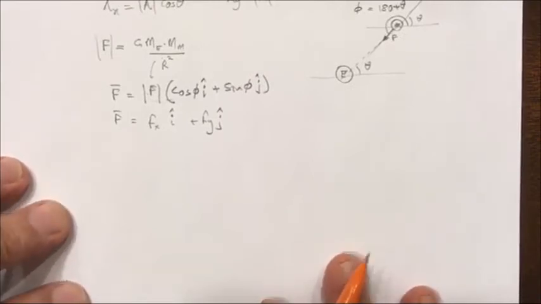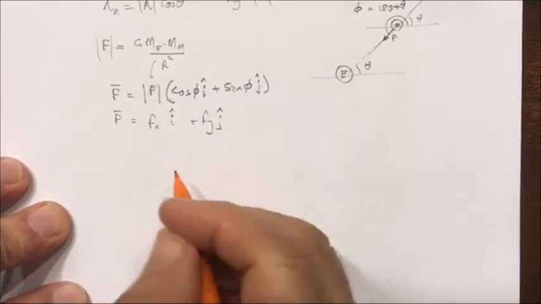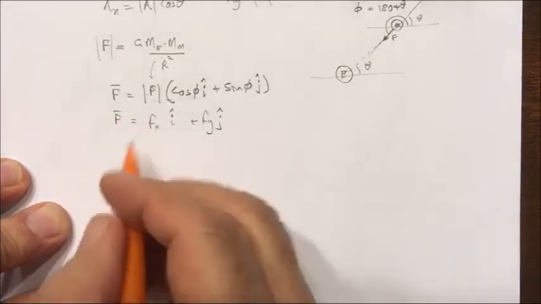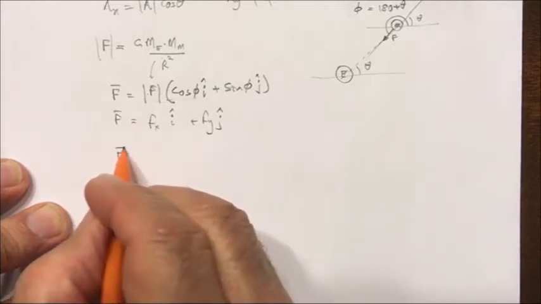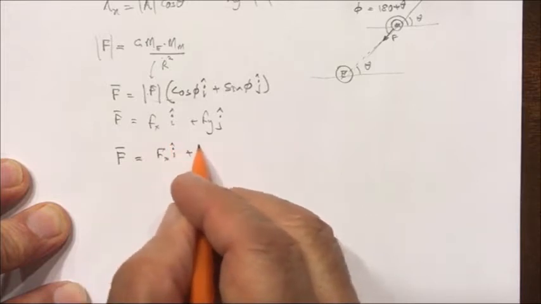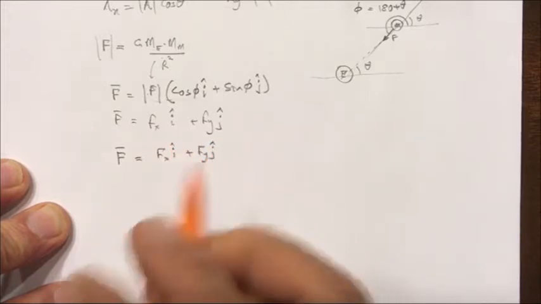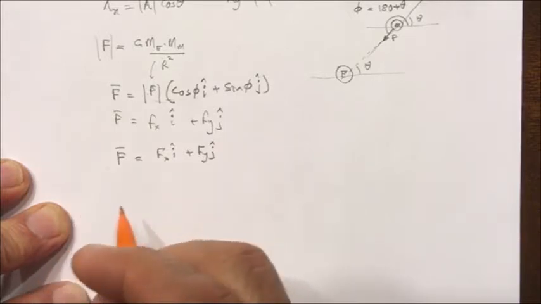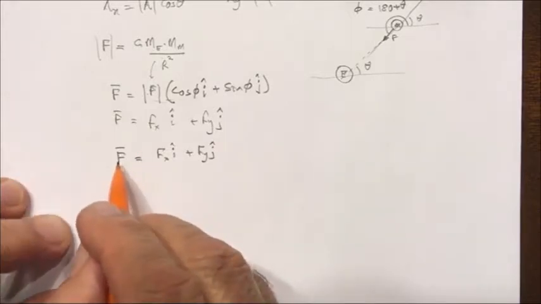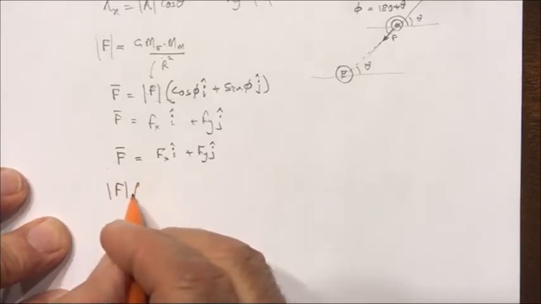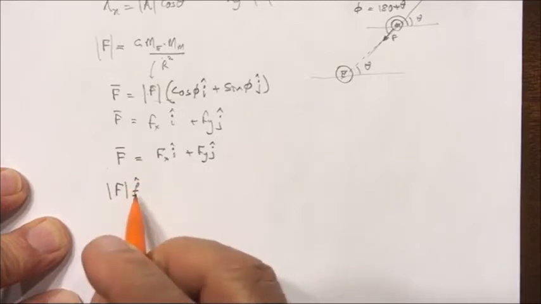Now, there's one more way of finding the unit vector, and we can start from here. Here we have this force as Fx i plus Fy j. Let's write this force as the magnitude of the force times the unit vector in that direction.